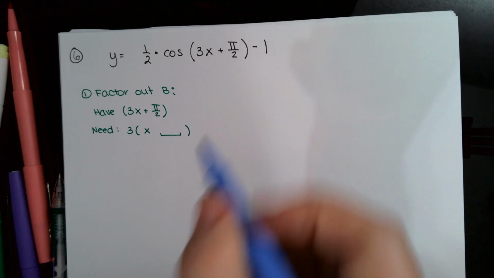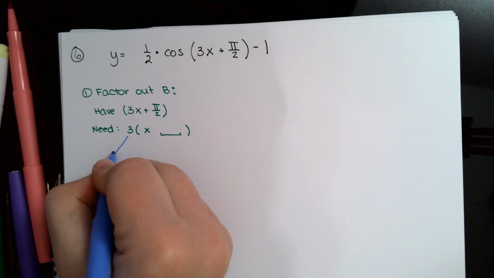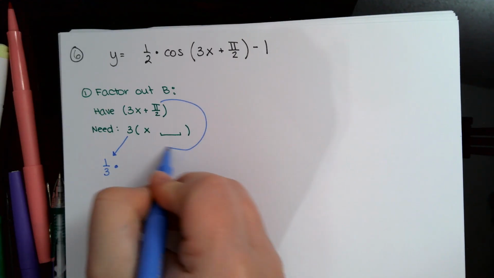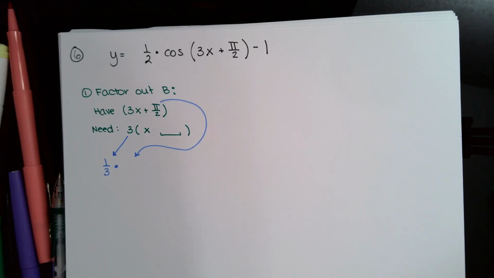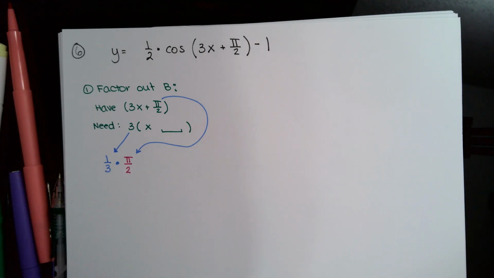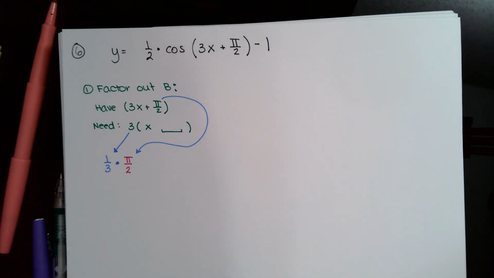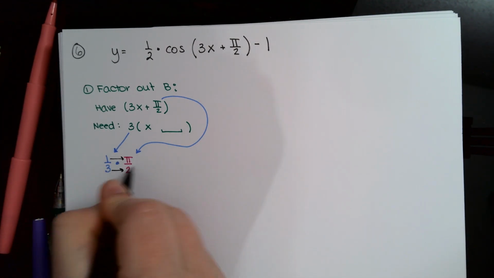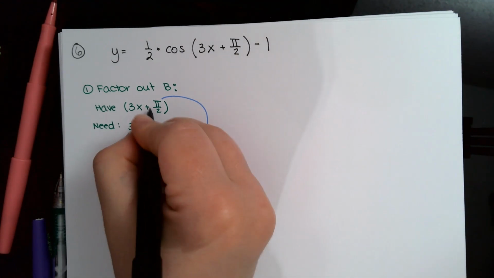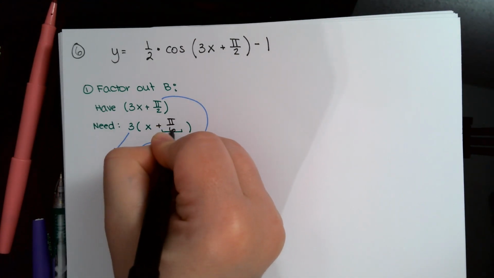The trick is you're going to take that b value, take its reciprocal, multiply it by the original value, and the original value is pi halves. Multiply that straight, and we get pi 6. Okay, let's bring that up, positive pi 6.